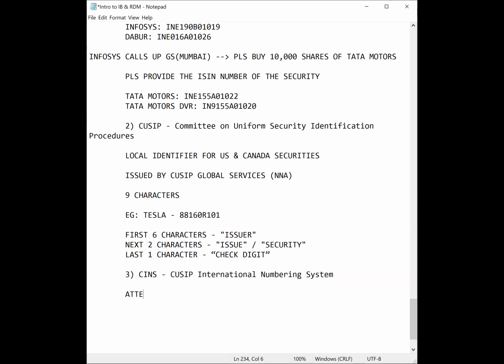It's like an attempt by the US to make CUSIP popular among non-US nations as well. CINS is a global identifier.